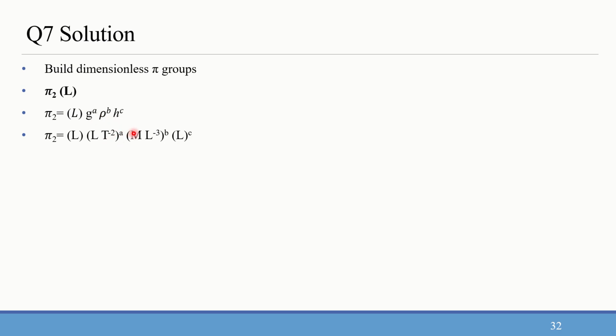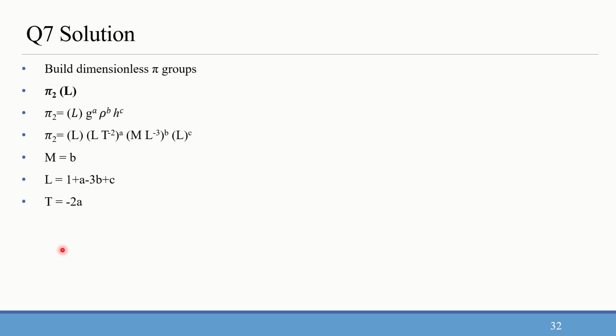Rho is m L minus 3 to the power of b. H is again L to the power of c. Now we are again splitting the m, L and t terms. So m is for b only, and L is 1 plus a minus 3b plus c. And for t we have minus 2a, that's all.